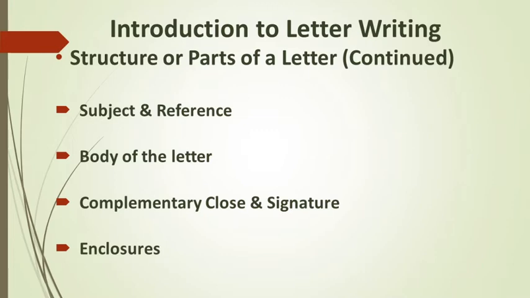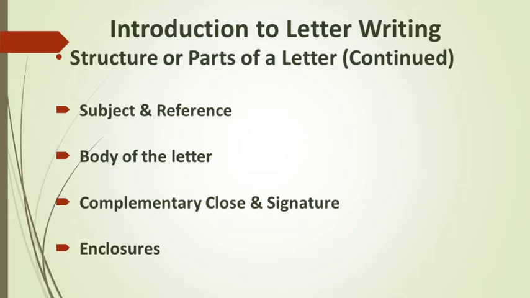And this body of the letter is followed by the complementary clause. Complementary clause is nothing but a courteous leave-taking note. It must be written two line spaces below the last line of the text of the letter.